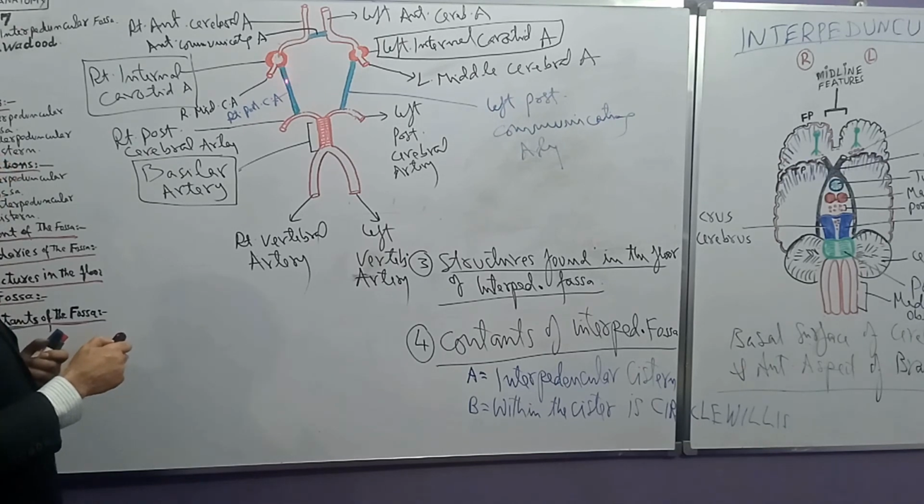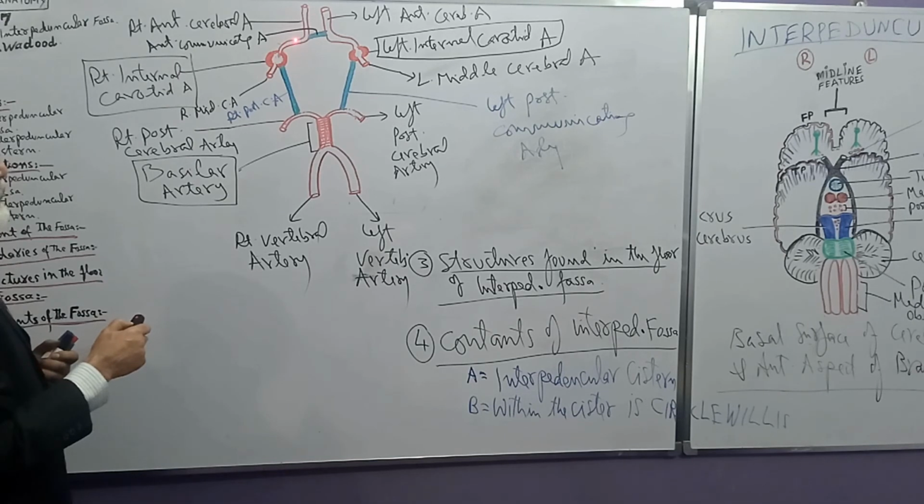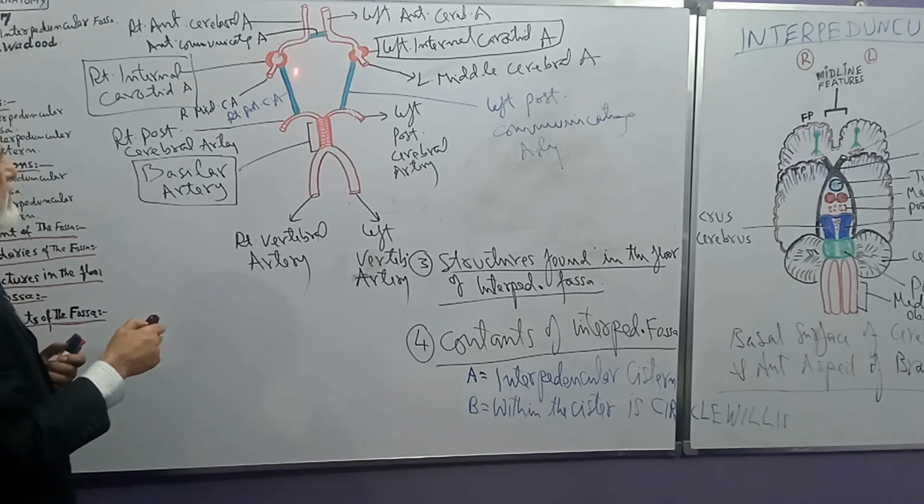This is the right posterior communicating artery, this is the left. Then these are two anterior cerebral arteries. When they approximate each other, they are interconnected by another communicating artery, which is known as the anterior communicating artery. Can you see there is an arterial circle?